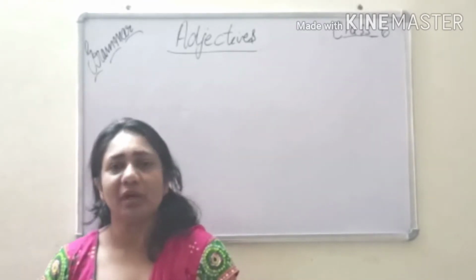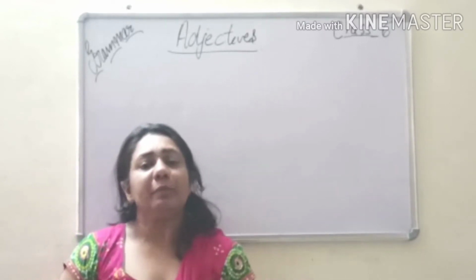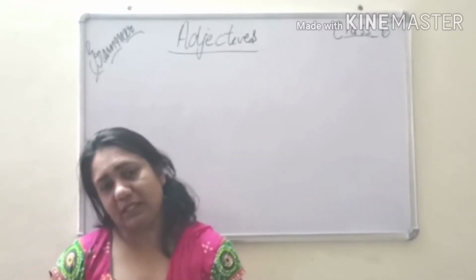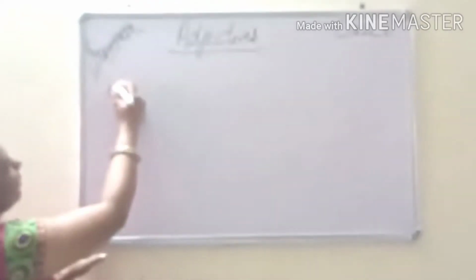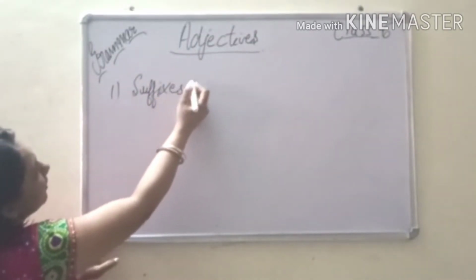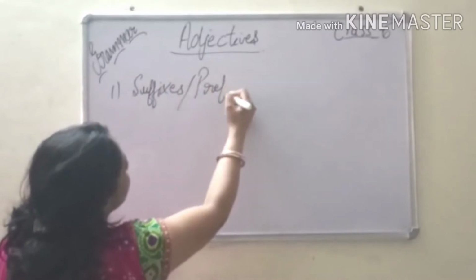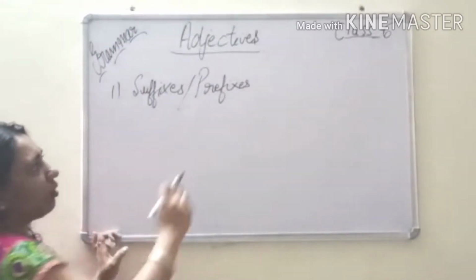As you remember, yesterday we discussed in brief what suffixes and prefixes are. Let's recall what we have done. We discussed the two terms, suffixes and prefixes. I gave you a brief introduction with one example of each.